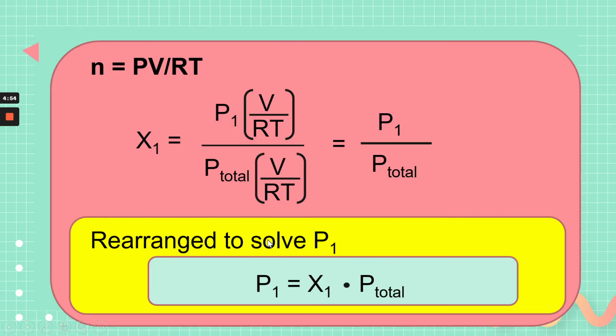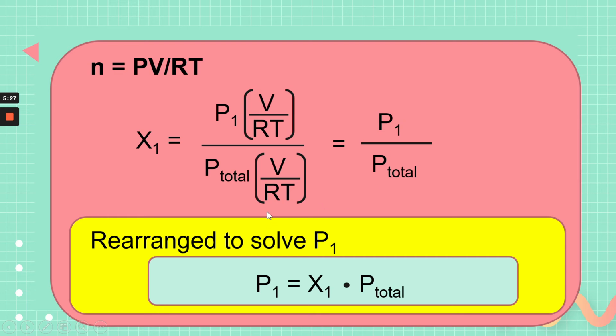But because n is equal to PV over RT, we can also write the mole fraction as P1 times V over RT divided by P total times V over RT. So we will get P1 over P total. This we can also rearrange to solve for P1.